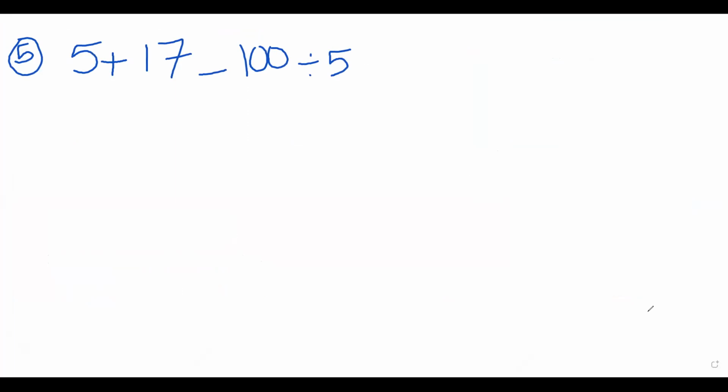Parentheses, multiplication, division, addition, subtraction. What do you have to do first? Here we have 3 operation signs: a plus, a minus, and a divide. What do you have to do first? First, we have to divide.